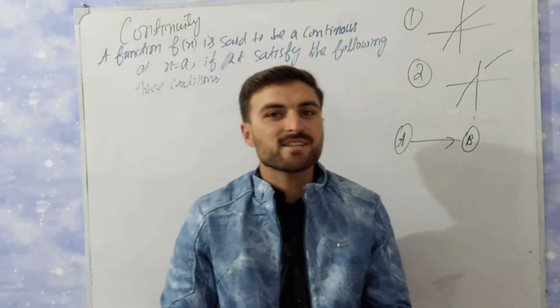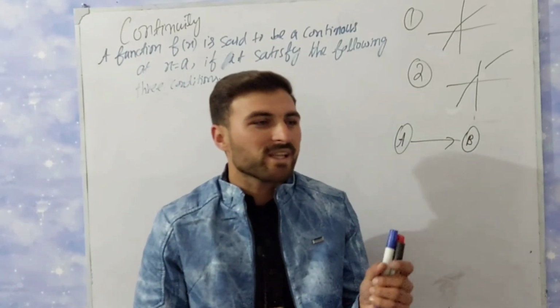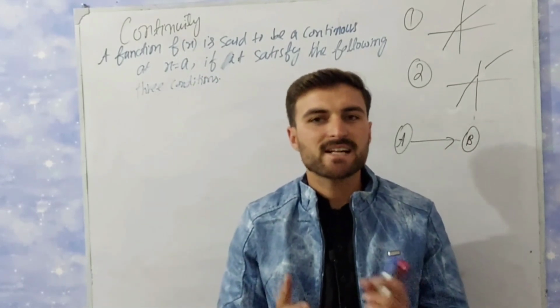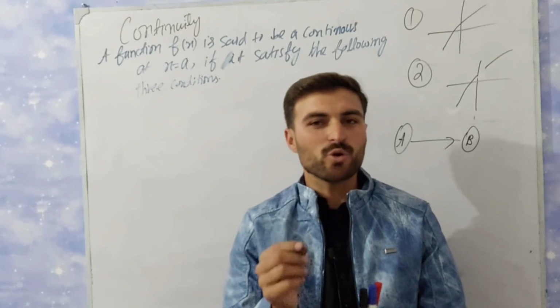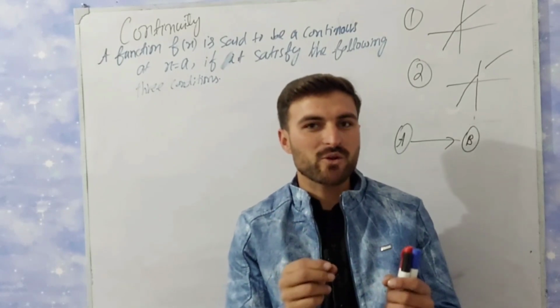As I have said, the purpose of continuity is to know whether at a certain point the function is continuous or discontinuous. Now let me tell you the three conditions through which we can know that the function is continuous or discontinuous.